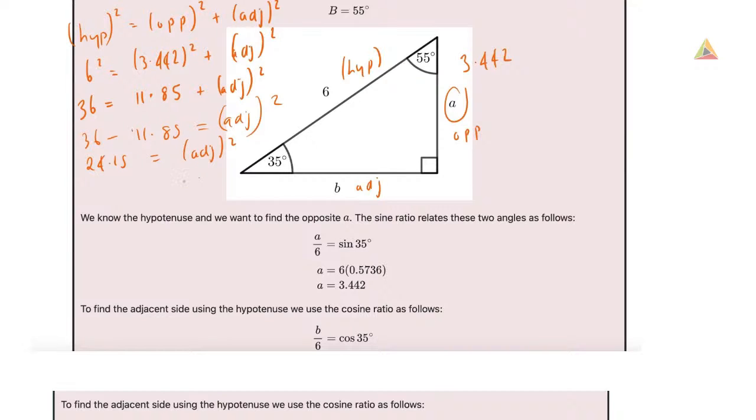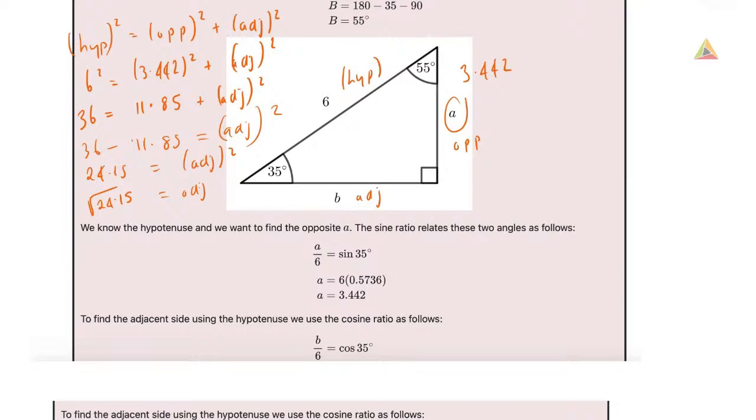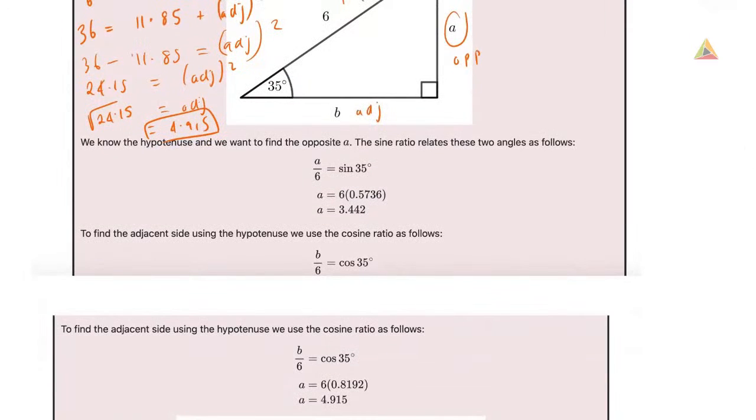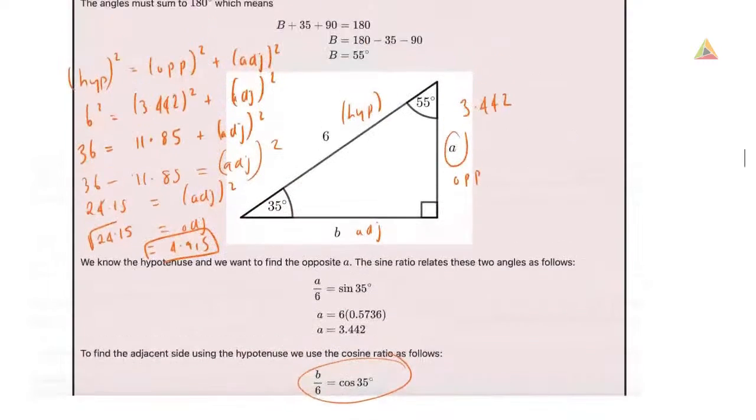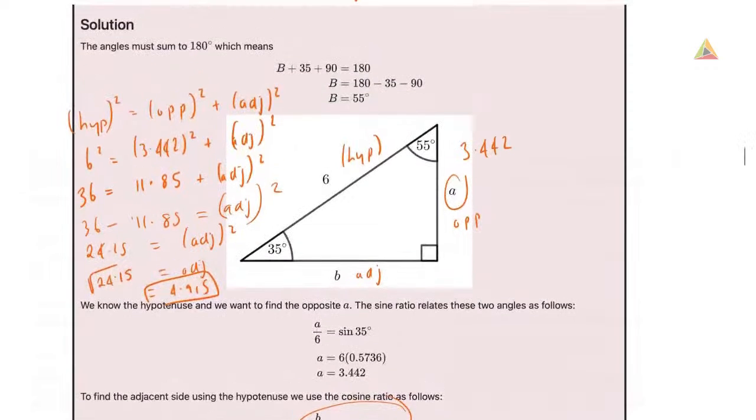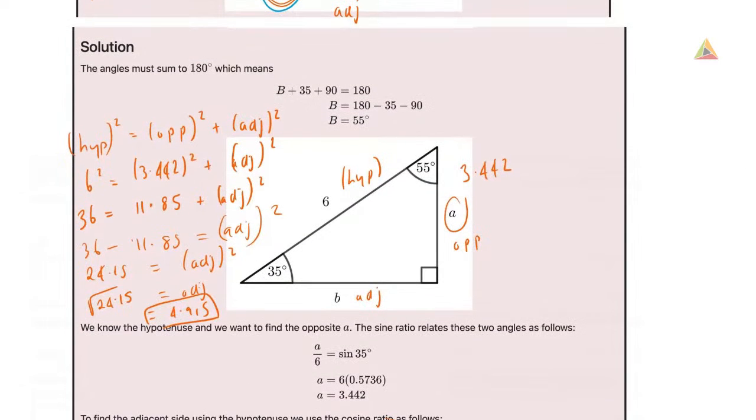The adjacent is going to be the root of 24.15, and when you put that into the calculator, you get 4.915. Now, they've used the cos to get this, but I think it's easier to use Pythagoras' theorem, the way I've done it, just to show you how to get the missing side. So you have your 3 sides and your 3 angles there.